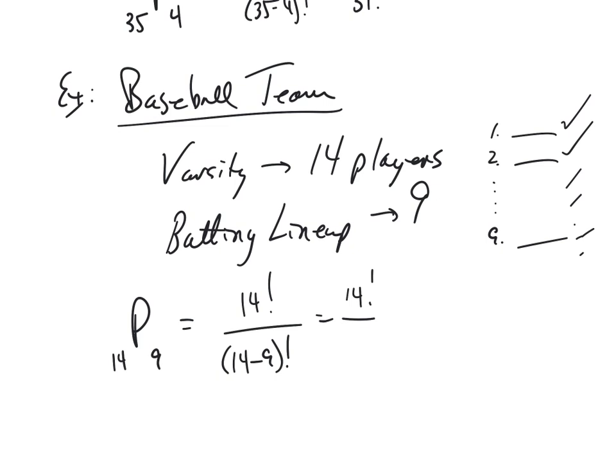And so this would then become 14 factorial over 5 factorial, and it's a lot bigger than you think. So 14 factorial divided by 5 factorial would then give me 726,485,760.